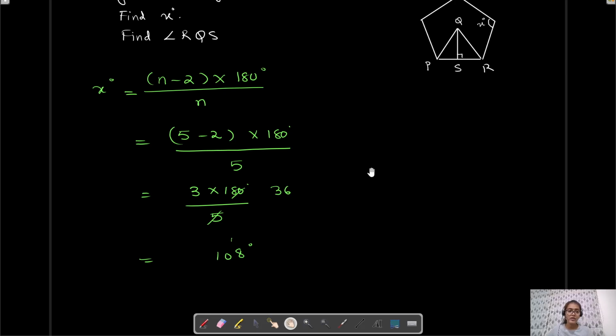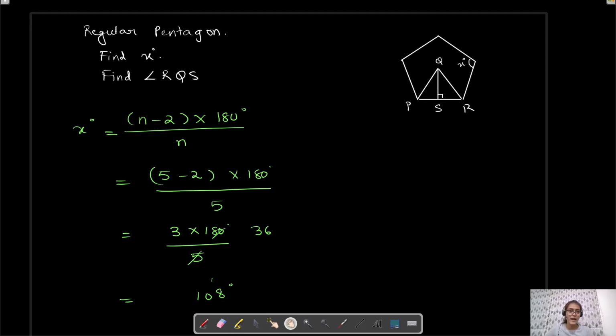Now next we need to find the value of angle RQS. RQS is this angle.